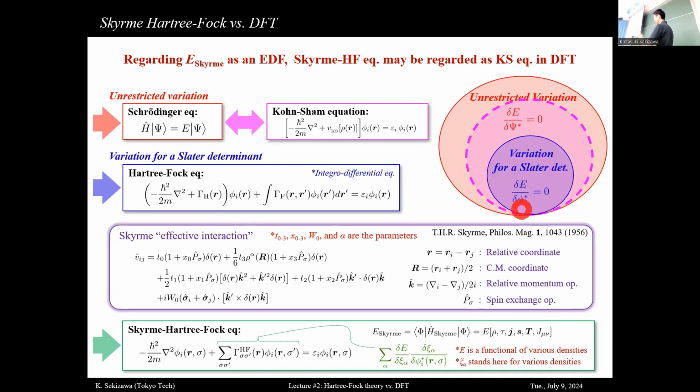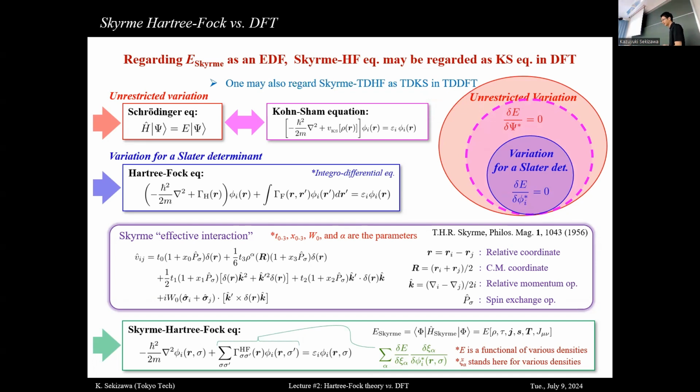In principle, it can provide us the exact solution of the many-body Schrödinger equation if we find the correct universal energy density functional. So this is the bottom line message. So Skyrme Hartree-Fock and Skyrme TDHF. TDHF is the time-dependent extension, which I will explain in the 5th lecture, I think. It provides us TD-DFT, time-dependent DFT.